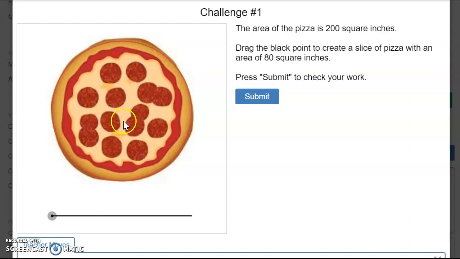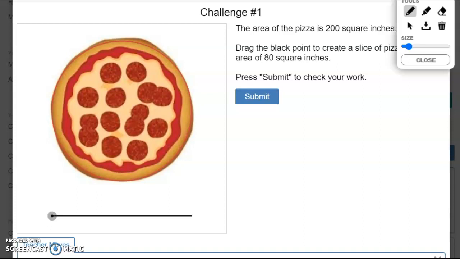Drag the black point to create a slice of pizza with an area of 80 square inches. What is the proportion that we're dealing with? We are talking about 80 out of a possible 200. So I am looking for a fraction of 80 divided by 200.